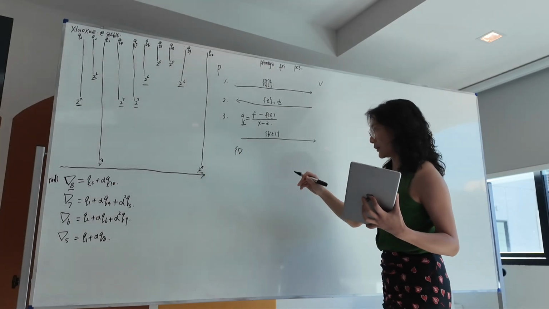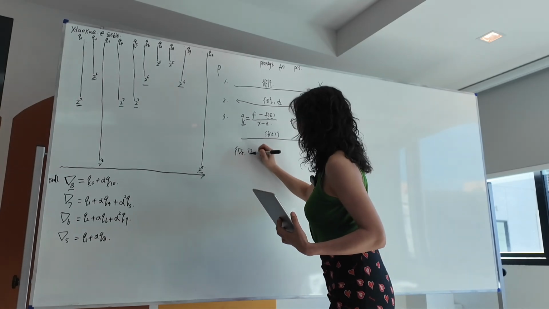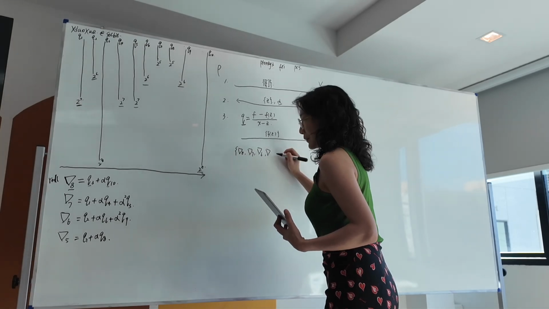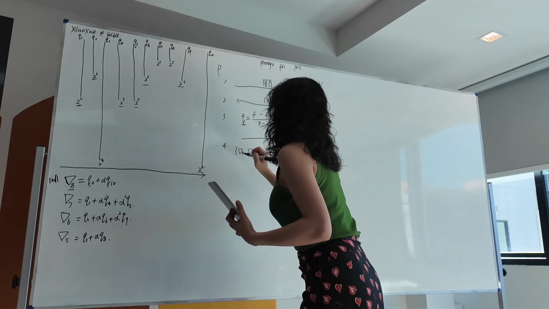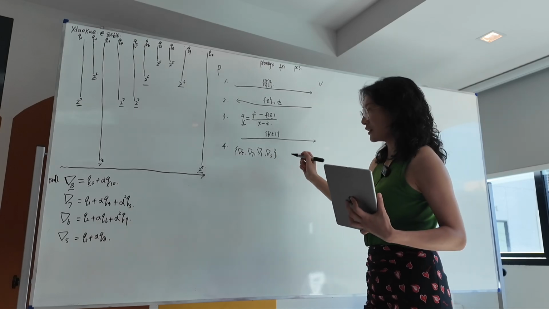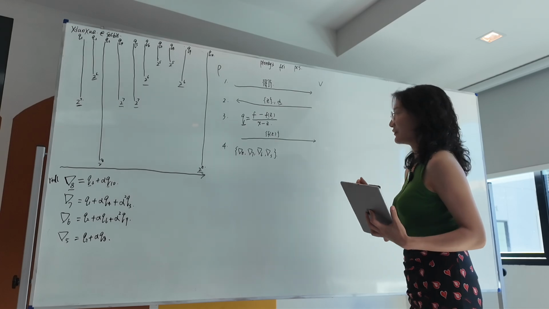But these rows will not be sent to the verifier. The prover now has a set of rows and starts to do FRI.